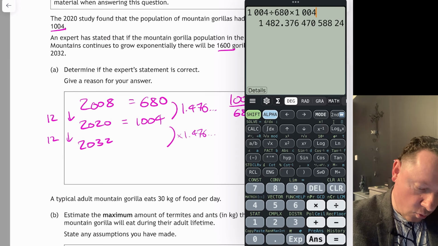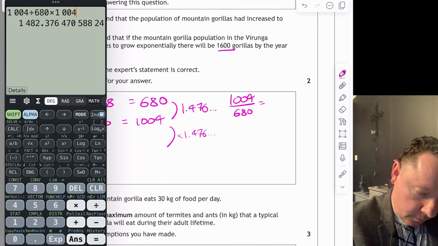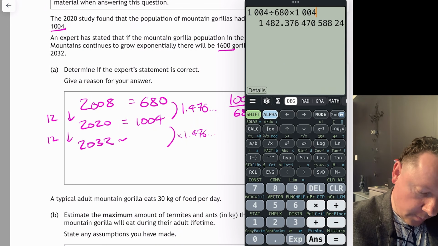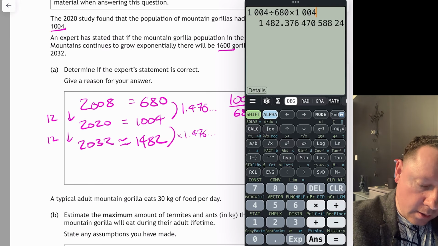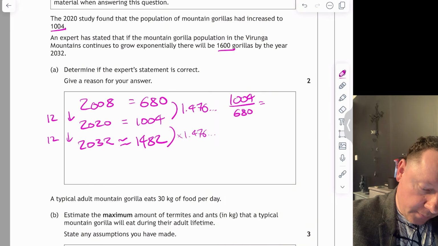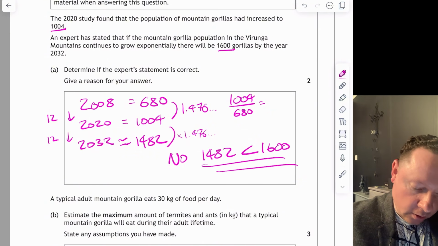So that's about 1482, just rounding down because it's a whole number of gorillas. So that means that the expert is wrong, because 1482 is much less than 1600.